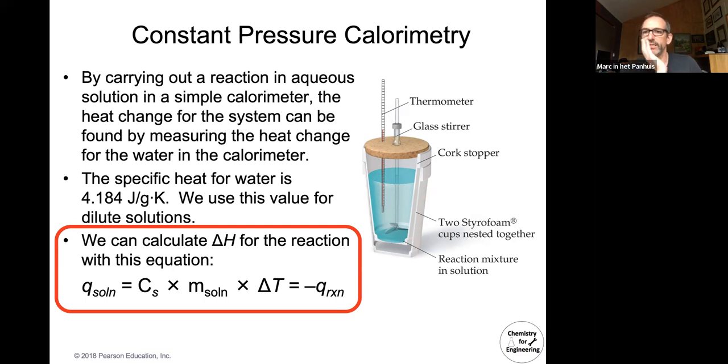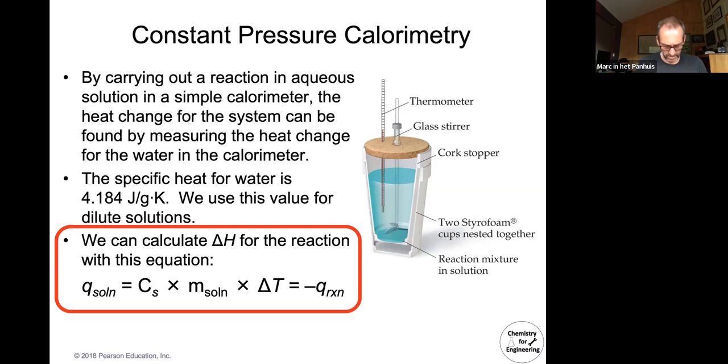The next question is, could you please repeat what CS and M sol is in this equation? So CS is specific heat in this case. That's 4.18 for water.